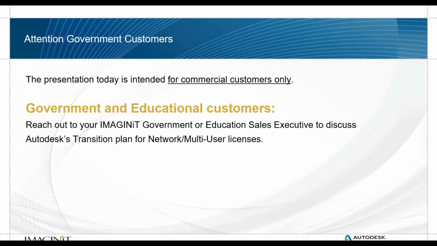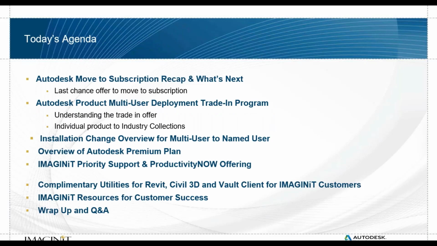All right, so our agenda today, we're going to start with a quick recap of the move from perpetual licenses to subscription and what is available now for customers who haven't made that switch yet. Autodesk's new subscription plans are based on people, or what we say, named users, not serial numbers. And as they retire plans around serial numbers and move to a named user environment, there are trade-in offers from Autodesk that are going to help you make that transition.